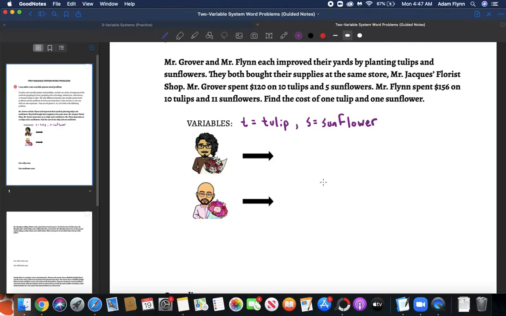If you prefer to use A and B or X and Y, that's completely okay too, but make sure you're defining what your variables are. So if you have X and Y, you're telling me that X is your tulip and Y is your sunflower.